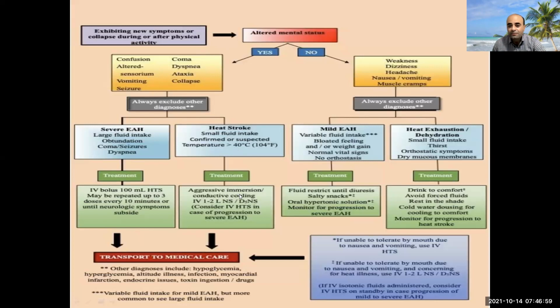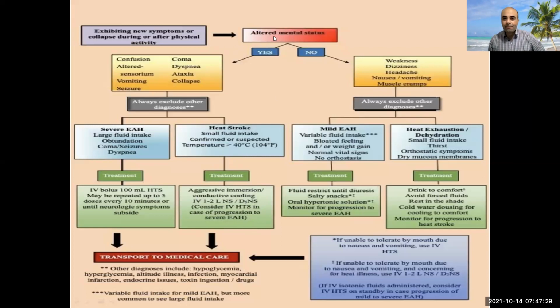Treatment is aggressive immersion, conductive cooling, and IV 1 to 2 liters of normal saline; I think normal saline is the best option. Consider IV hypertonic saline if your case progresses to severe exercise-associated hyponatremia. You should use hypertonic saline if your patient deteriorates from heat stroke.